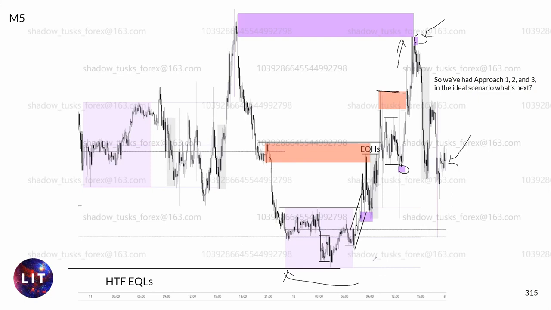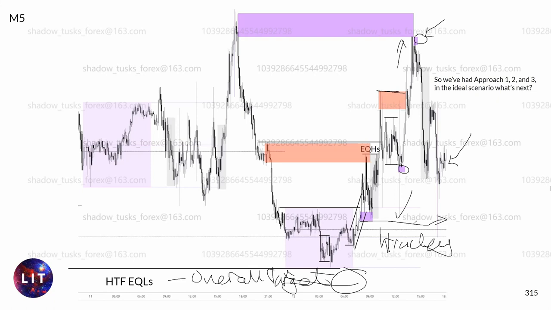In that case, what you do is you target your equal lows right here. This is your intraday target, and this is your overall target, right? And that is how you would play this. If you're comfortable holding outside of intraday, then you can target here overall, but it would definitely make sense to at least partial right here.